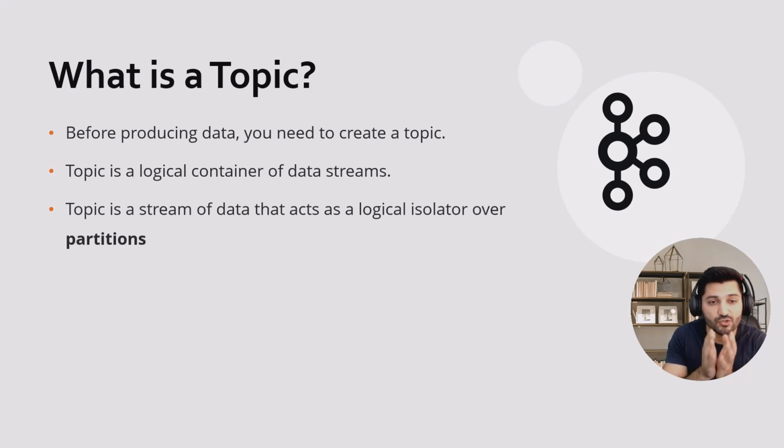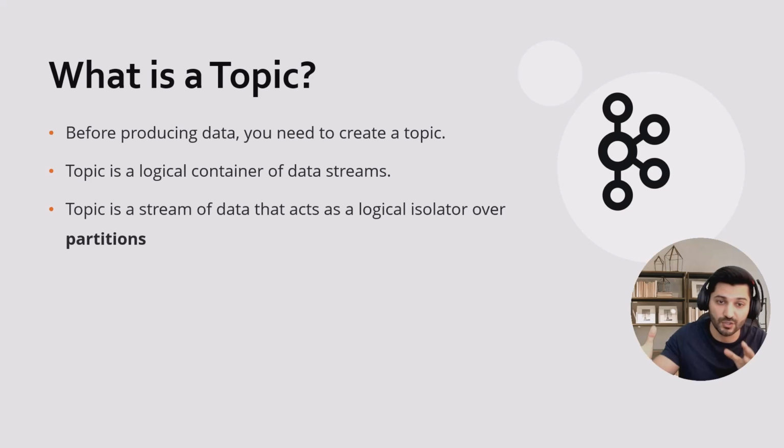So topic is a stream of data that acts as a logical isolator over partitions. You may think that in Apache Kafka we have one table, but there isn't a table. Topic is just a logical container. Behind the scenes, we have partitions, not topics, and one topic can mostly consist of multiple partitions.